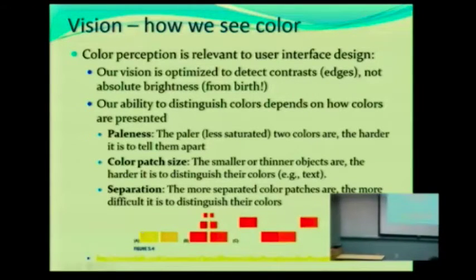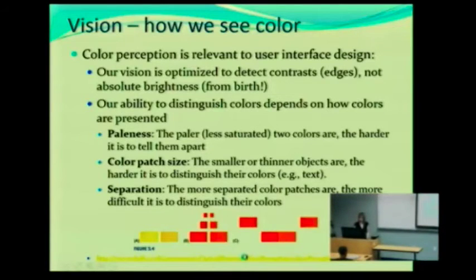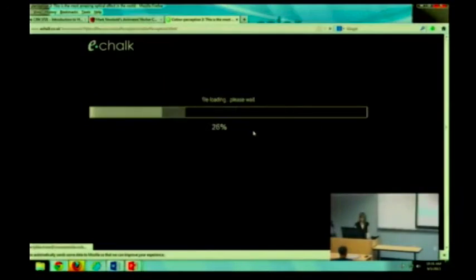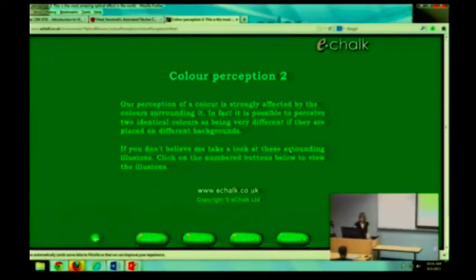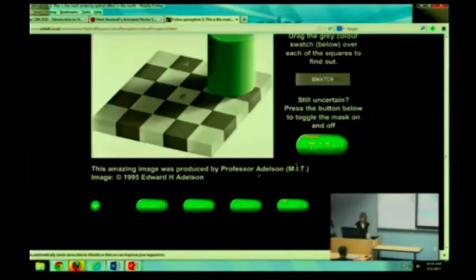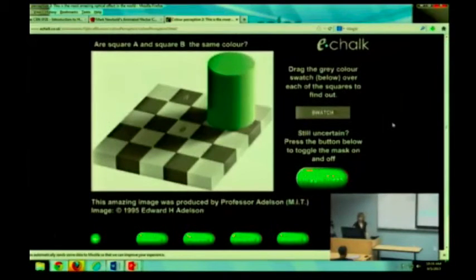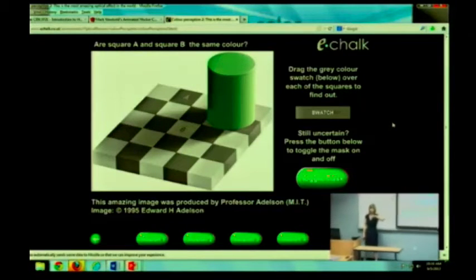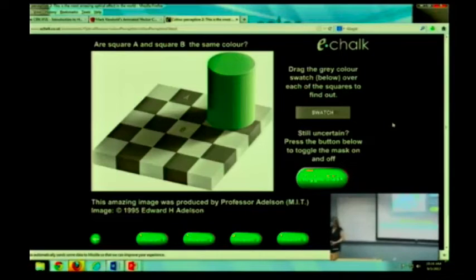I want to show you some optical illusions that are really going to illustrate some of these. Illusion 1. Now I want you to look closely at this. This is a checkerboard. Notice there are two checkerboards, A and B. The question is, are they the same color or different colors?